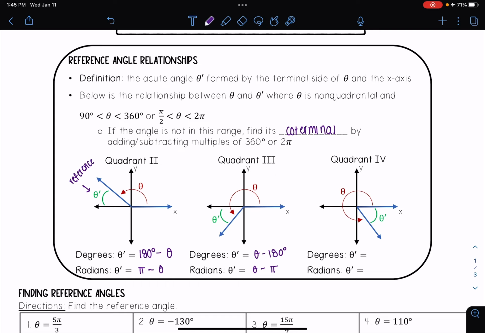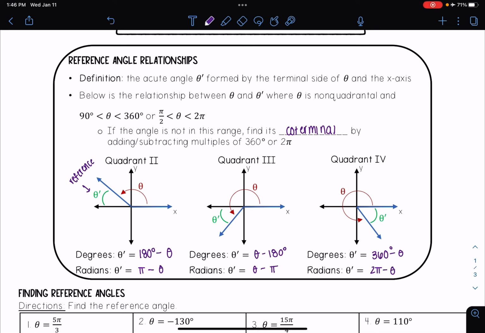And then if our original angle has its terminal side in quadrant 4, we see that our reference angle is in green right here. And so to find that reference angle, I would do 360 degrees minus theta. Or if I'm looking at radians, that equivalent is 2 pi minus theta.